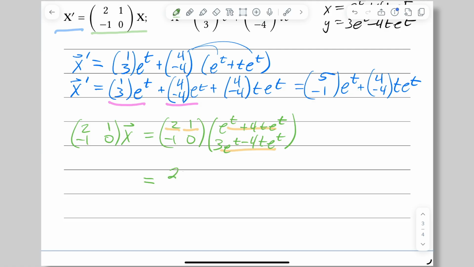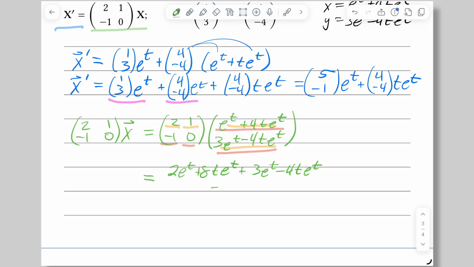That's going to look like 2e to the t plus 8t e to the t plus 3e to the t minus 4t e to the t. Then we're going to multiply negative 1 by the top entry of the column vector, and then technically 0 by the bottom entry of the column vector. And that's just going to give us negative e to the t minus 4t e to the t.